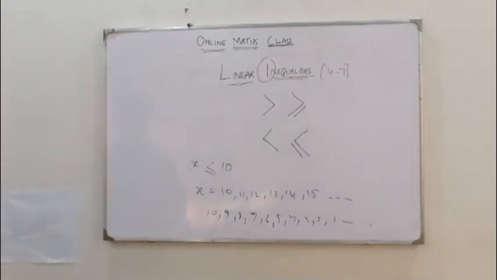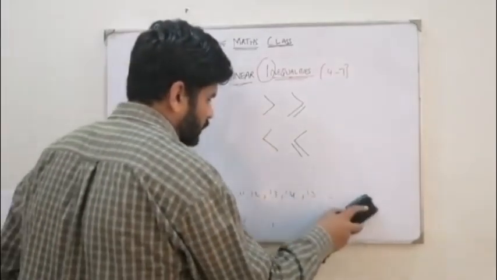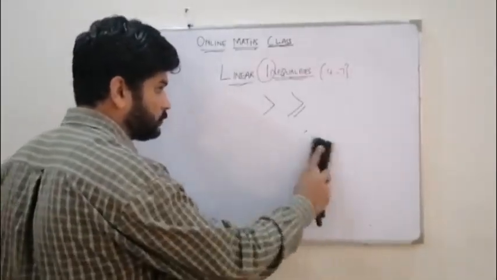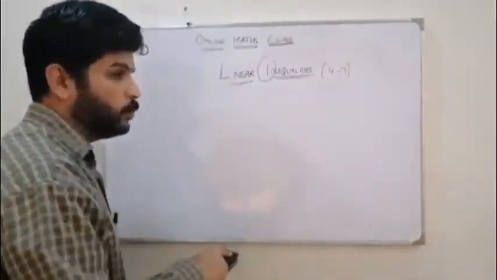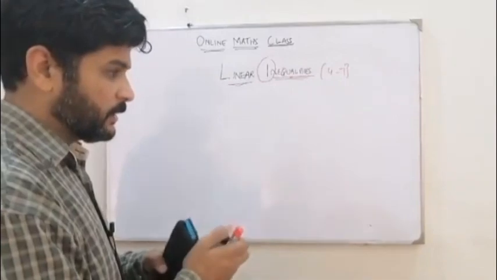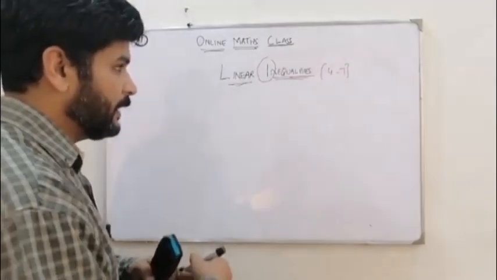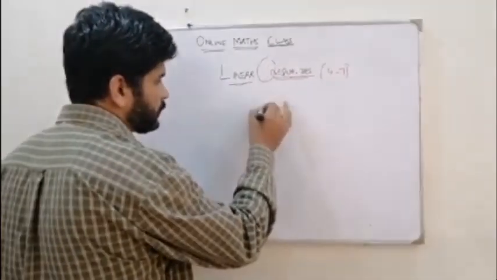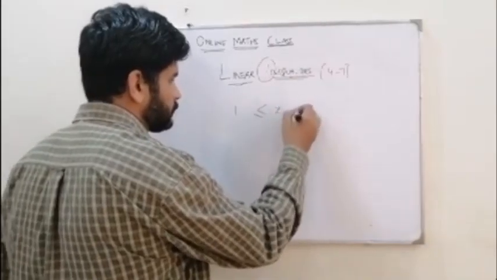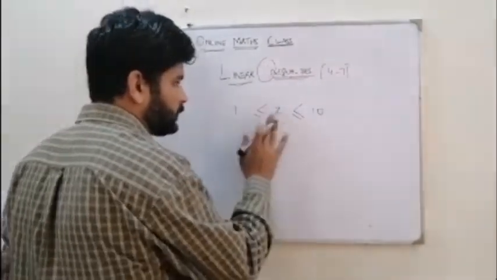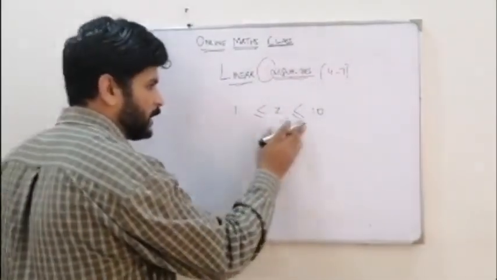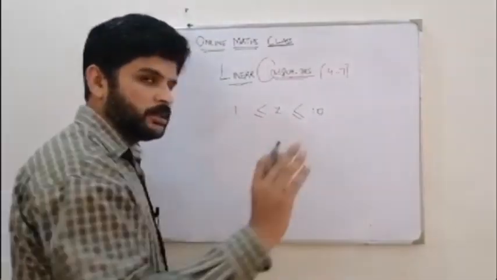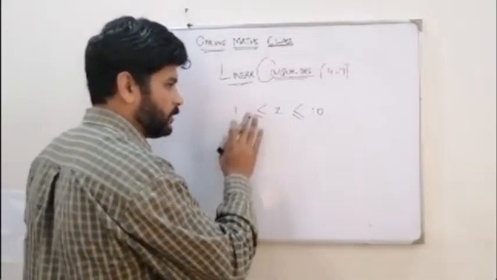Okay, so this is inequality, right? Now there can be both inequalities in a single equation as well, like x is greater than or equal to 1 but less than or equal to 10. This is how you can write the equation in words.